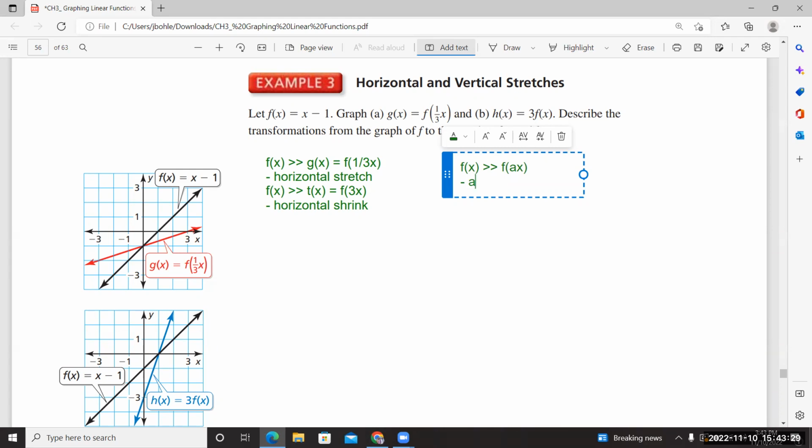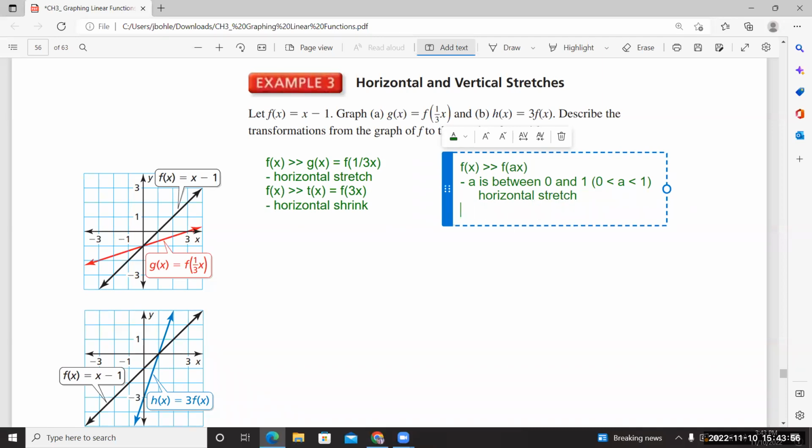If a is between 0 and 1, which would be this inequality, you might see the text call this a horizontal stretch.